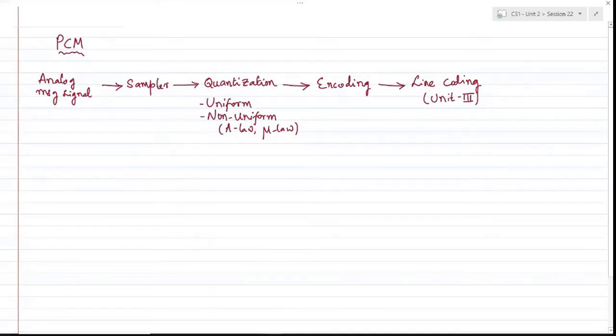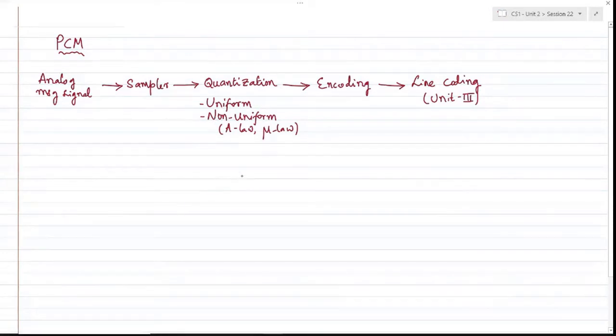If you have not sampled according to the Nyquist rate, then definitely there will be noise involved in the sampling process itself. But we take the Nyquist theorem into consideration, so all the noise or errors are involved in the quantization process itself. Once this error or noise is introduced in the quantization process at the transmitter, the receiver can't do anything.